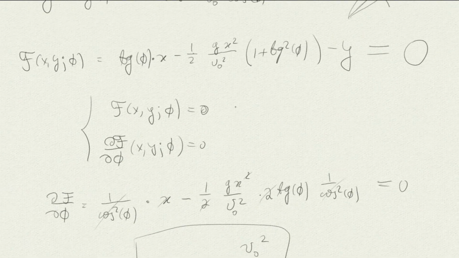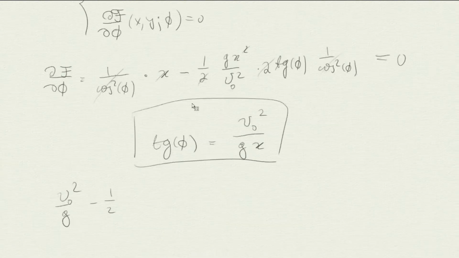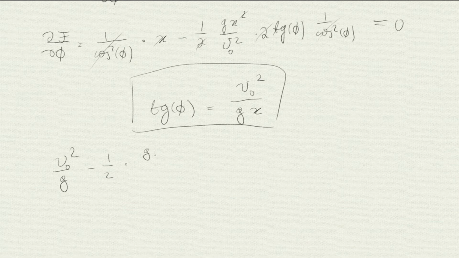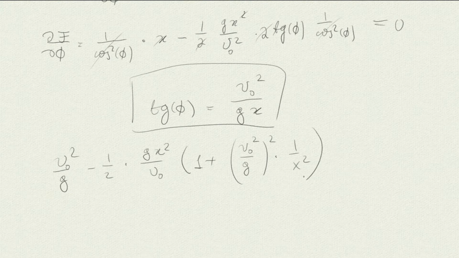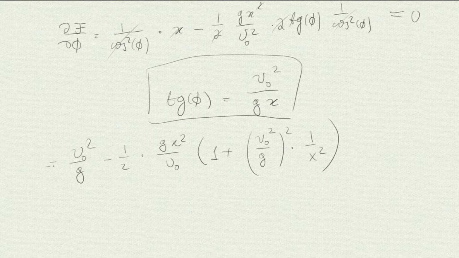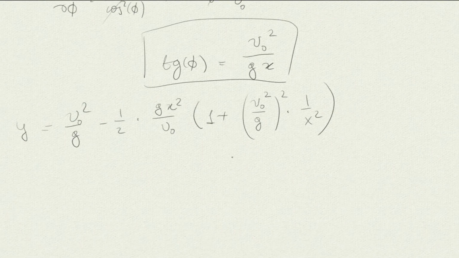And here we have, again, g x squared over v0 squared, times 1 plus tangent squared. So it's going to be v0 squared over g, all of it squared over 1 over x squared. This is the equation for the curve for the envelope. So let's call this y again, and this is going to be our equation.